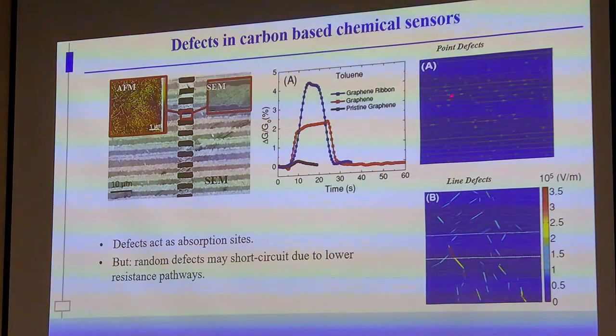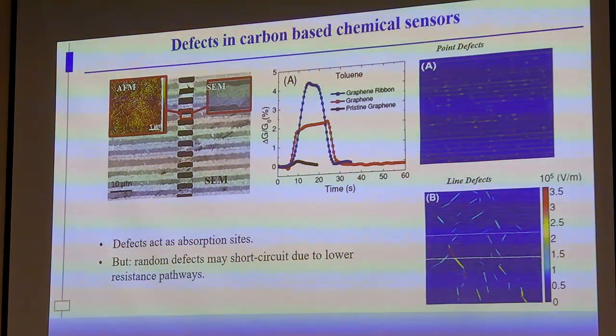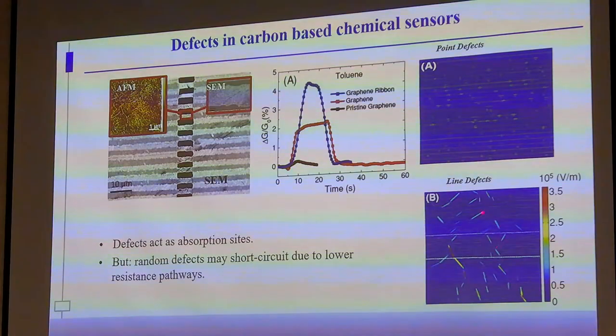If you have a point defect, electrons can simply avoid the dot and pass from source to drain. But if you have a line defect, it's very hard to pass from source to drain. That's why having a defective structure or a linear defect in the graphene provides higher sensing behavior.